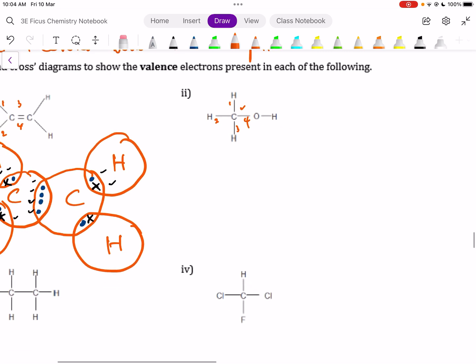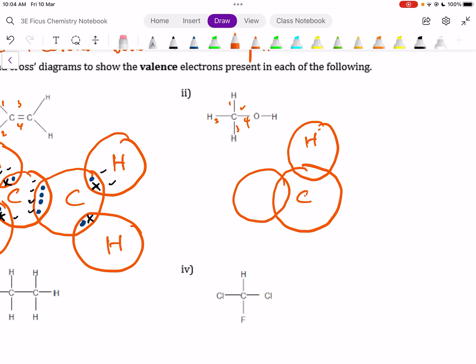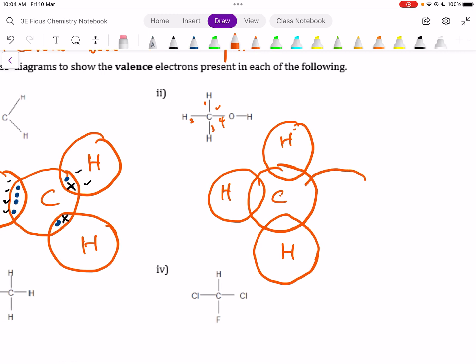The carbon in the middle is surrounded by a couple of hydrogens, followed by the oxygen, and then there will be another hydrogen here. The hydrogens I will all use cross to represent their electrons. For the carbon, I will use the dots.